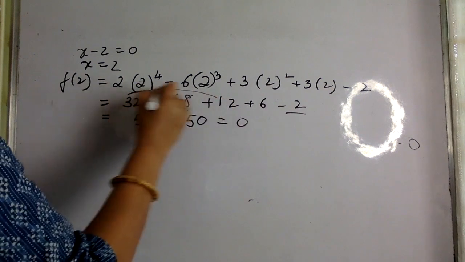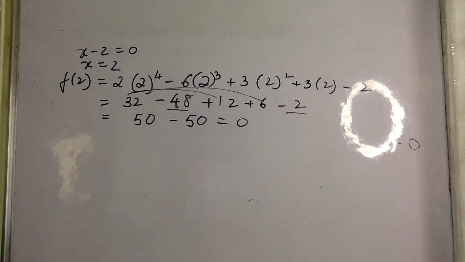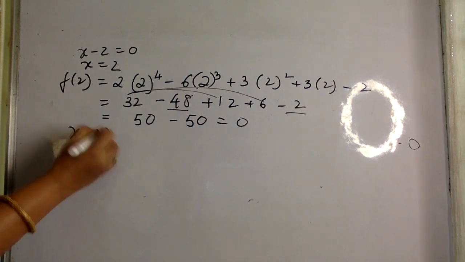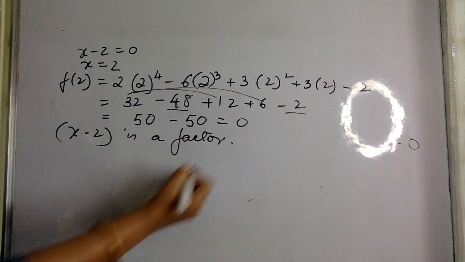I added these two and these two and got 50 minus 50, which is equal to 0. If 50 minus 50 is equal to 0, I can definitely say that x minus 2 is a factor.